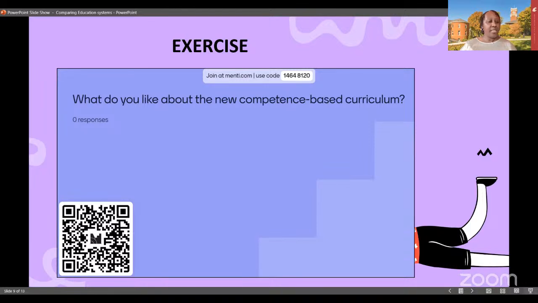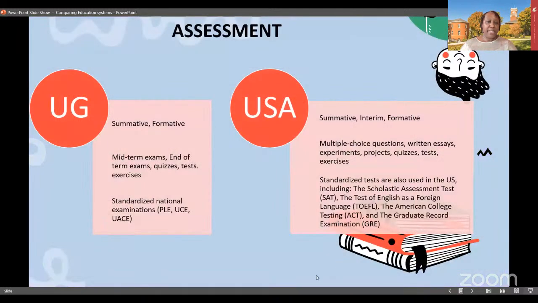The second one is you use your camera if you're on a computer to scan the QR code. The QR code will generate a small link that you click that takes you to the question. The third option is you can put the answer in the chat, and we'll review this at the end. Thank you. Moving on, the assessments.